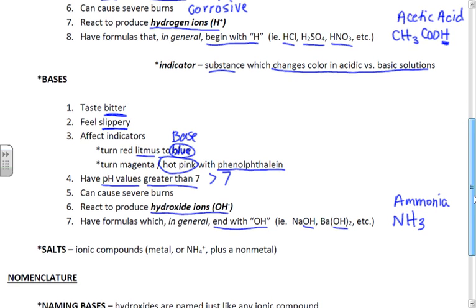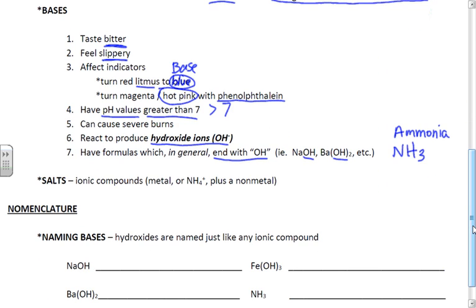Now, whenever we say salt, we tend to be talking about table salt, the stuff we put on our food, which is NaCl specifically. But in chemistry, a salt could be any ionic compound, which means it's either going to be a metal or ammonium, NH4+, combined with nonmetals.